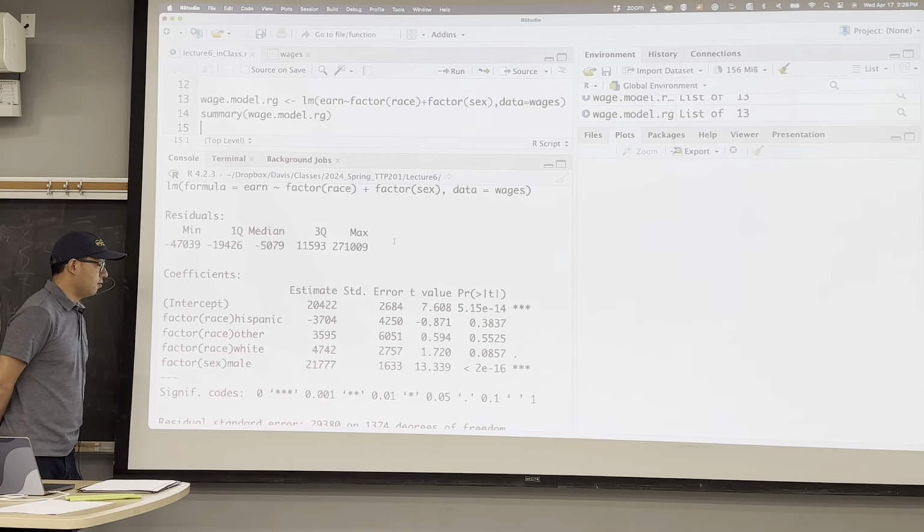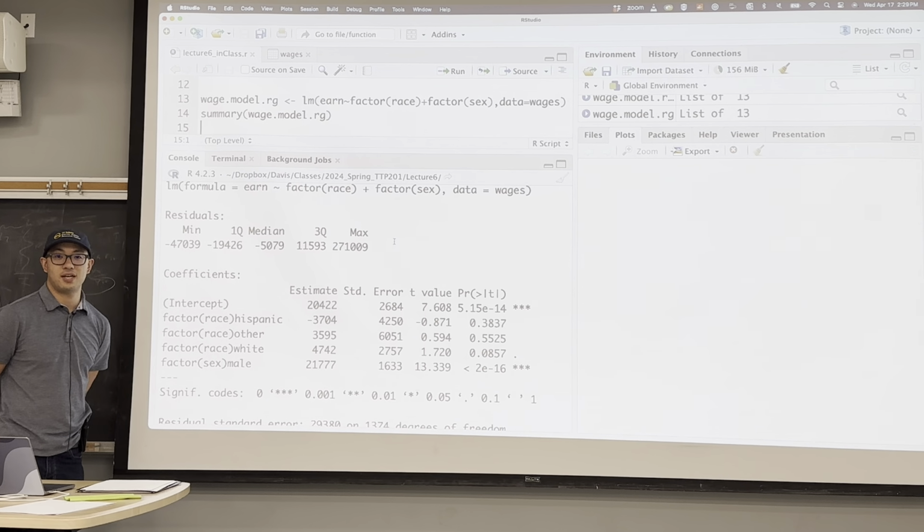So, who can tell me, if you are black and female, what is the average earnings that you would expect? The intercept value, exactly, 24,22. Okay? What if you are an other race and you are male?